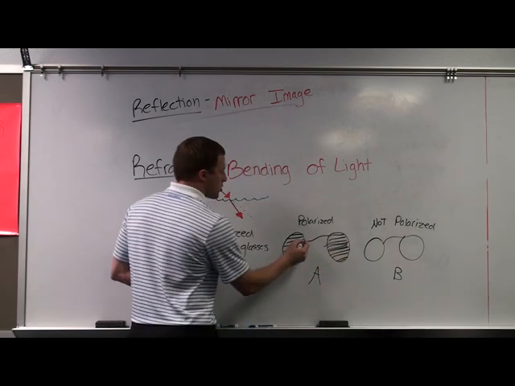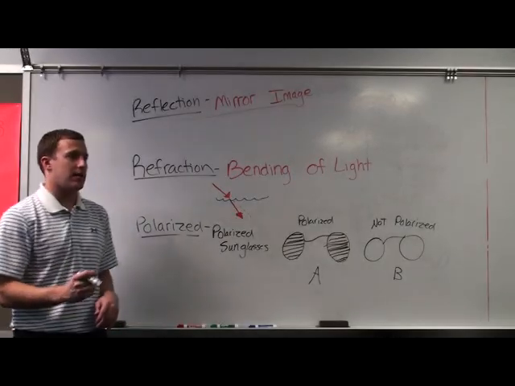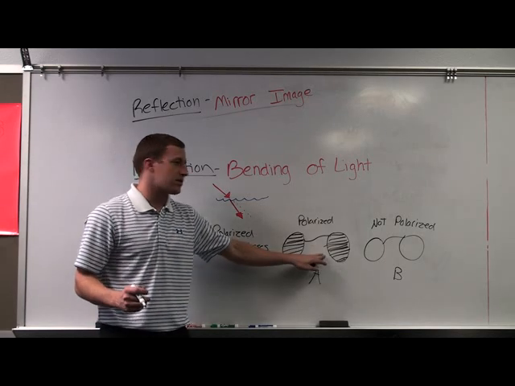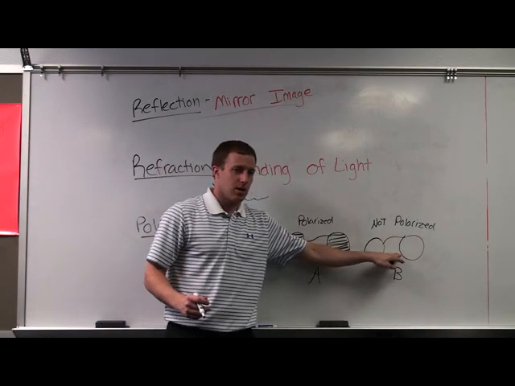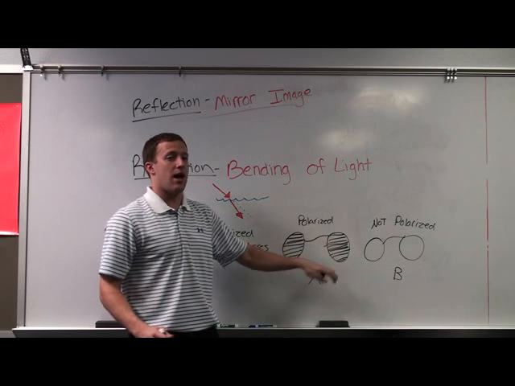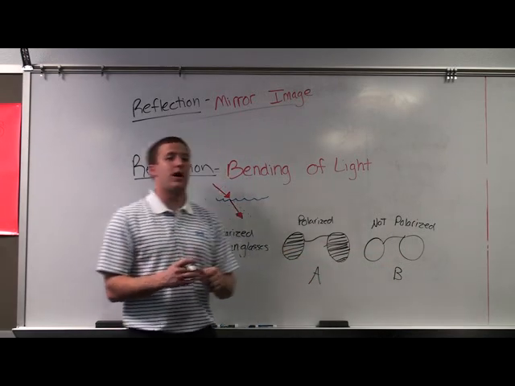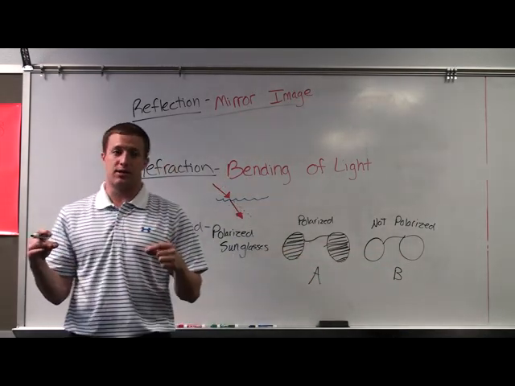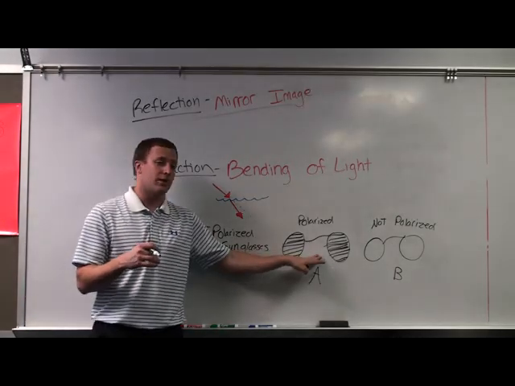So when light tries to get into the polarized sunglasses, can as much light get into these glasses as gets into these? No, because of the lines. They're darker spots, like black lines on your sunglasses, and they don't allow as much light in.